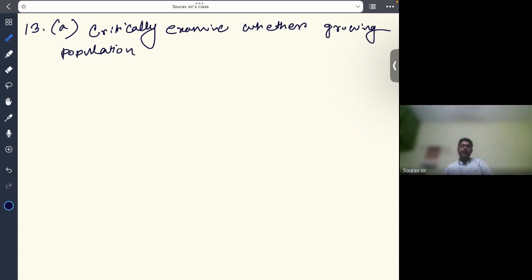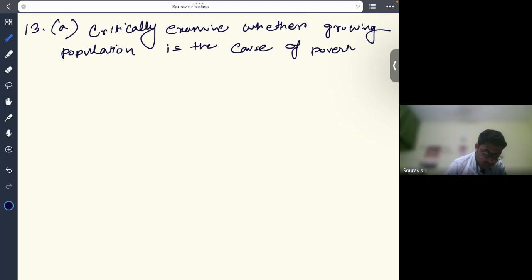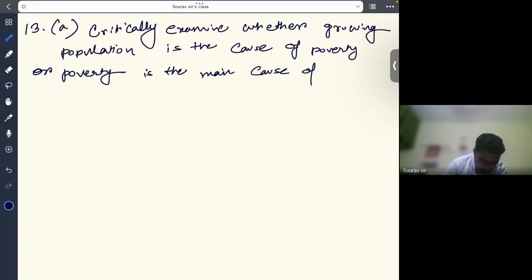The question is: critically examine whether growing population is the cause of poverty, or poverty is the main cause of population growth in India.